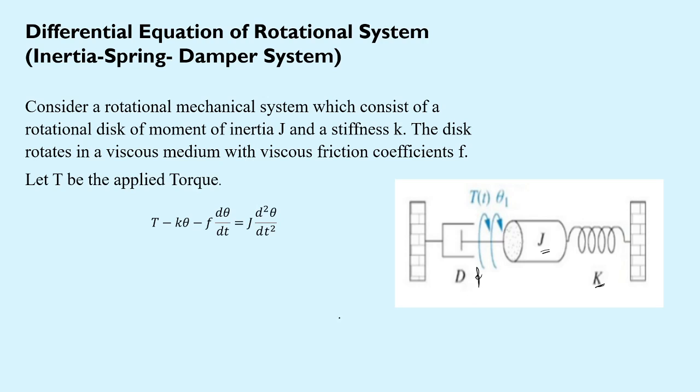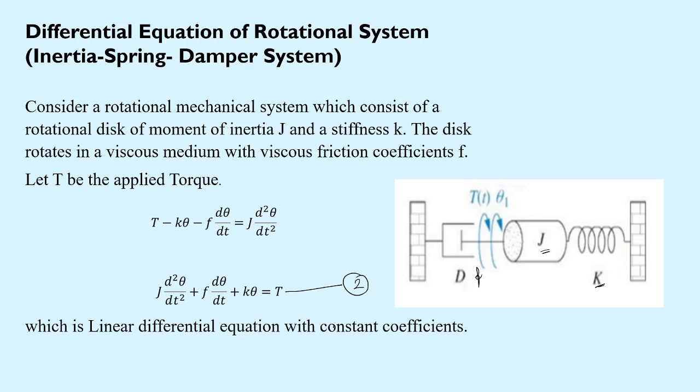Therefore, by using the equations here, we get T equal to J d2 theta by dt square plus f d theta by dt plus k theta. This is equation number 2, and which is the higher order differential equation. In this way, this mathematical model forms the differential equations.